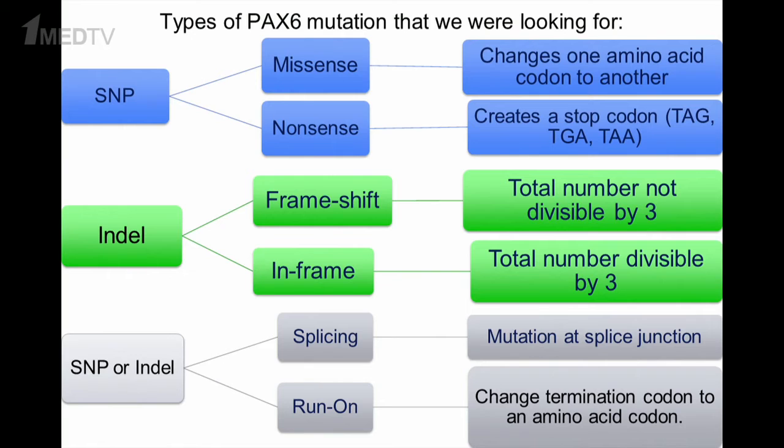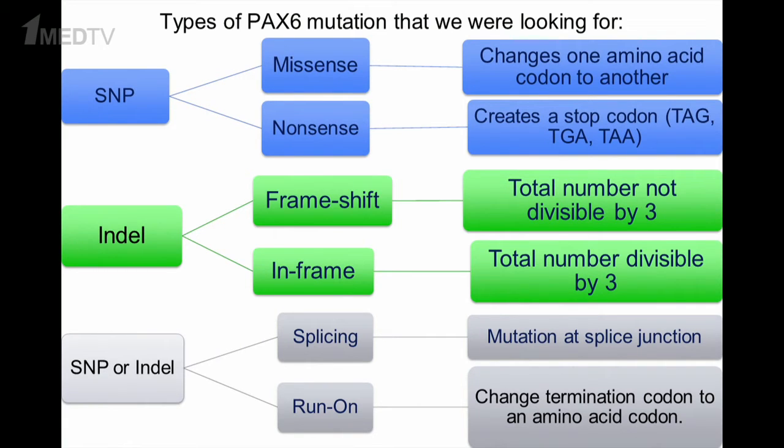Okay. So there are different types of mutations. SNP means that there's a change at one of the letters. So for example, we might change an A to a T. Shown in green are the types of changes that we call insertions or deletions.